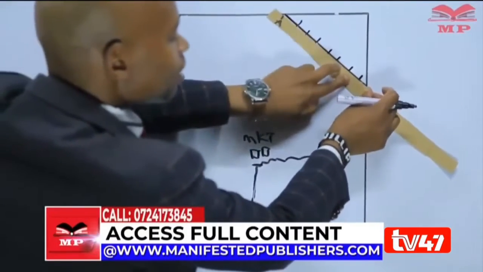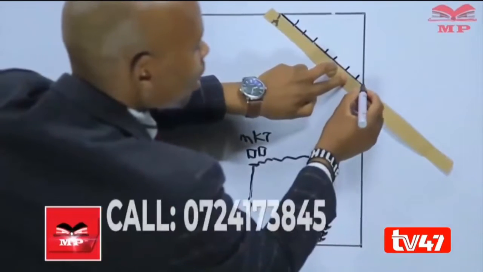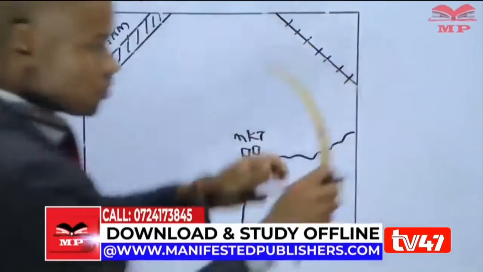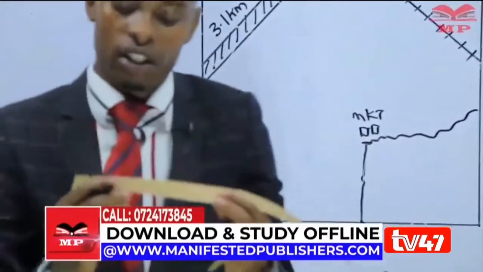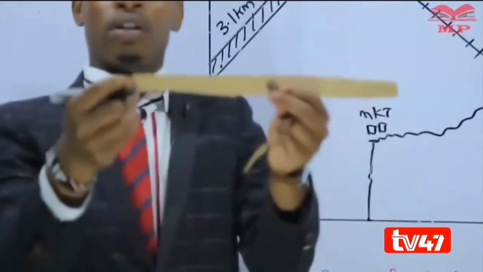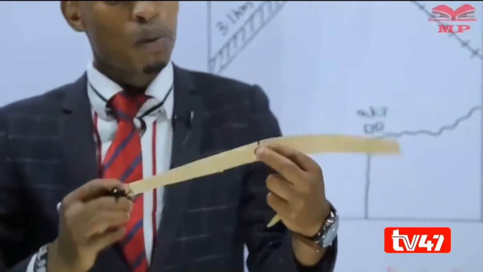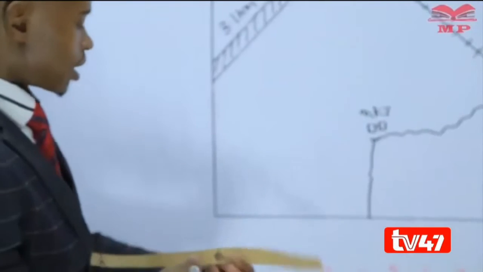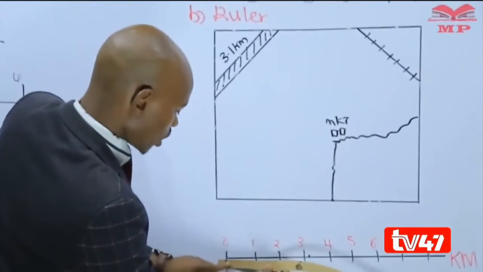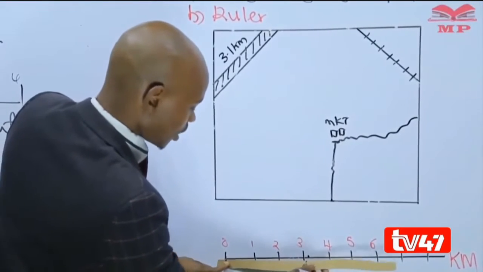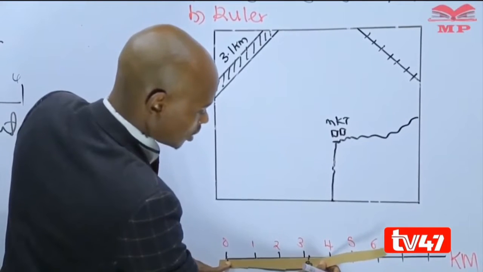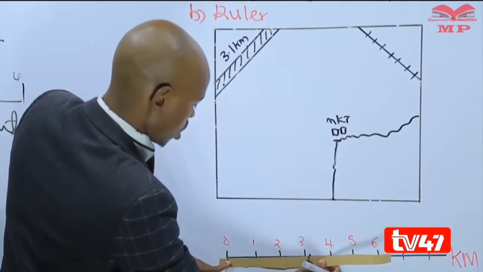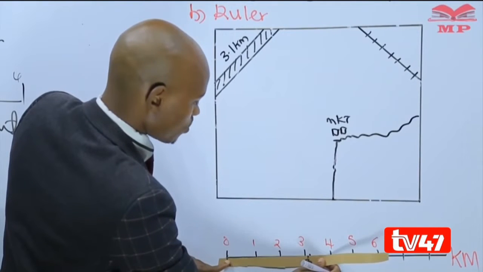Where it ends, mark that point as your point B. Now you have two points, point A, the first point, to point B, your second point. Then you translate your measurement to the scale. The scale is the major thing because it is the one that will give you the actual measurement.